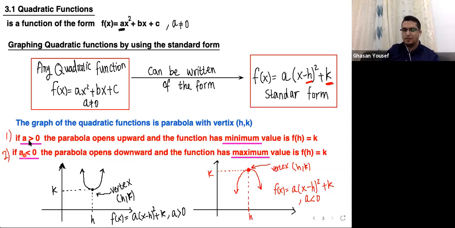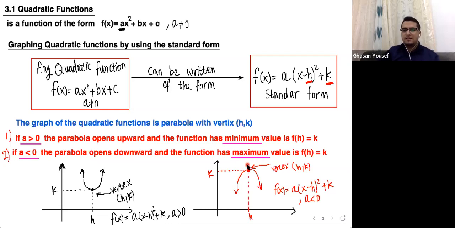Look, read here. If a is positive, the parabola opens upward and the function has a minimum value. If a is negative, the parabola opens downward and the function has a maximum value. So a decides the maximum or minimum, not k.